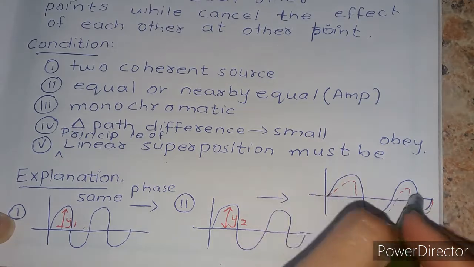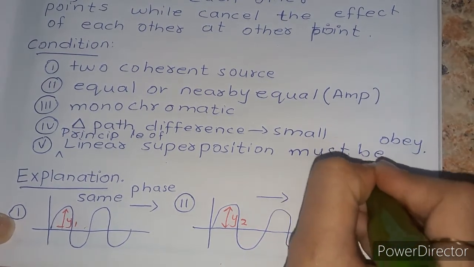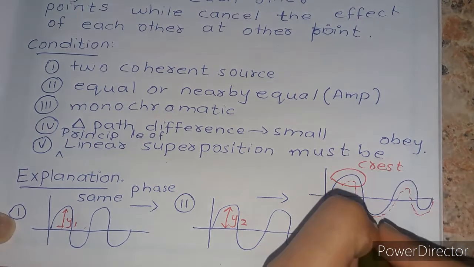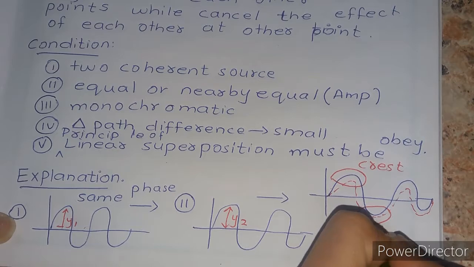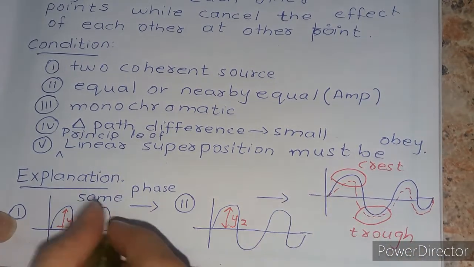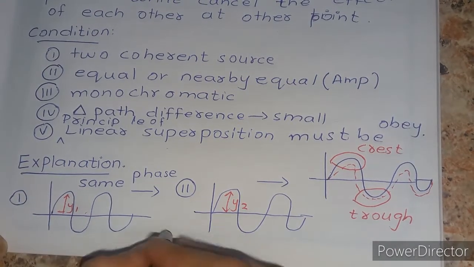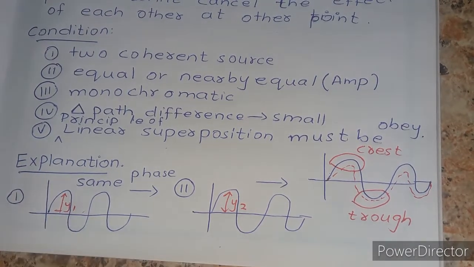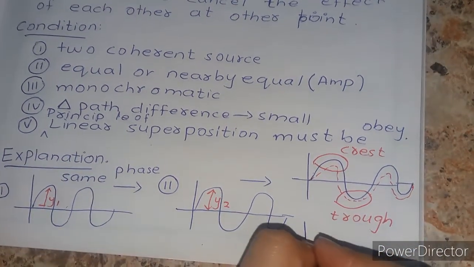The joining of crest and crest is called constructive interference.